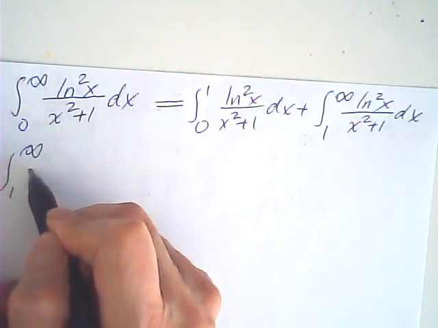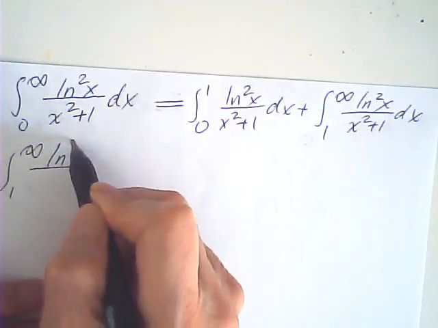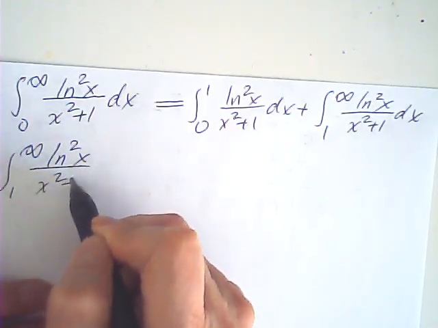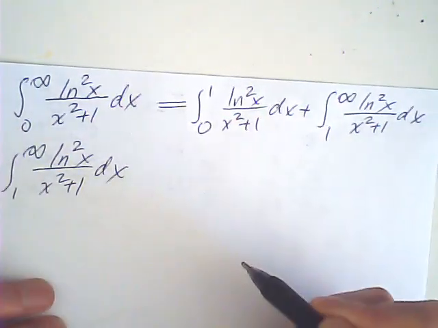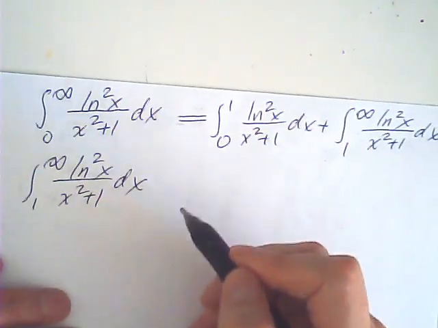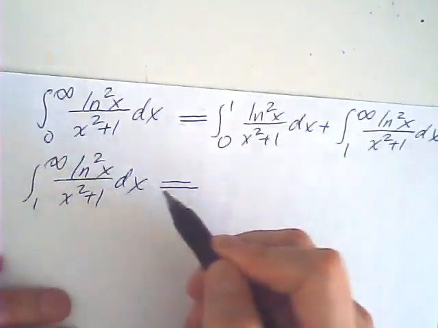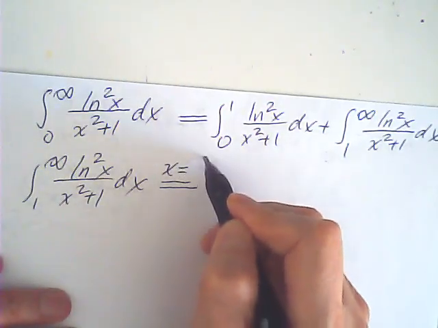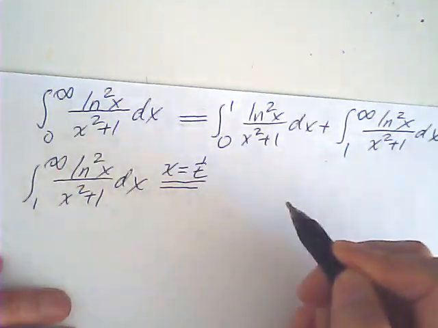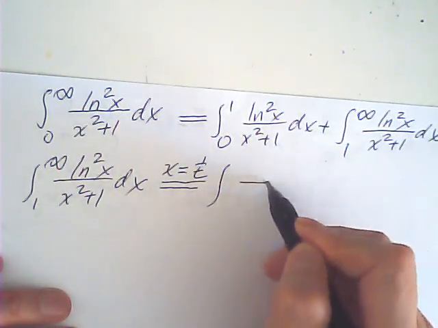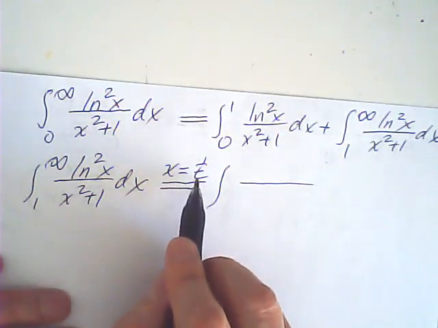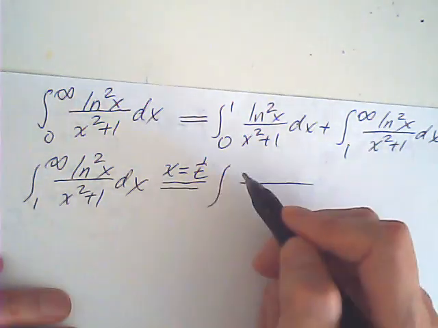From 1 to infinity, log square x over x squared plus 1 dx. And I use the substitution, let x be 1 over t. Then log x will be negative log t, right?